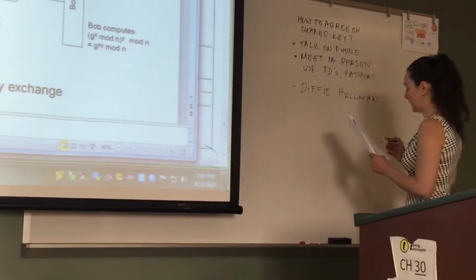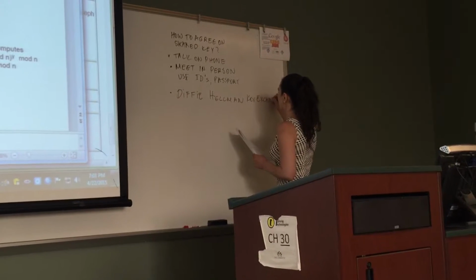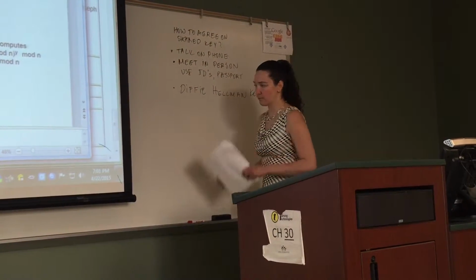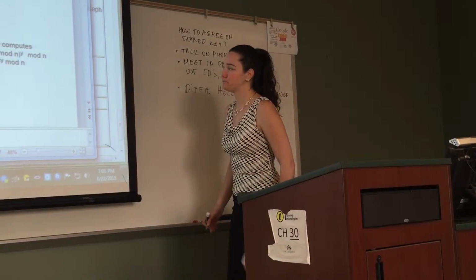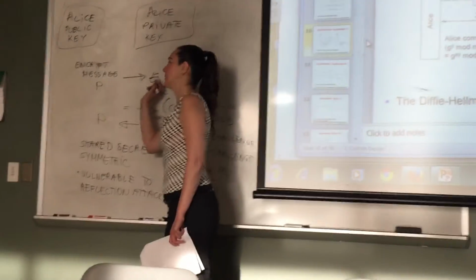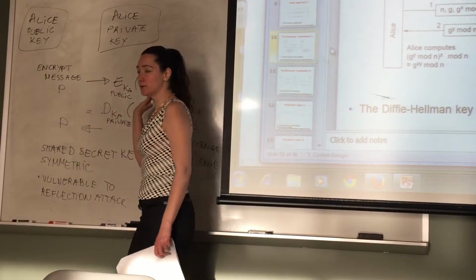So the way this works is by exploiting the property of modular arithmetic, which is pretty much a one-way function. The one-way function that I described here, it's easy to encrypt and go in one direction, but it's hard to reverse it.